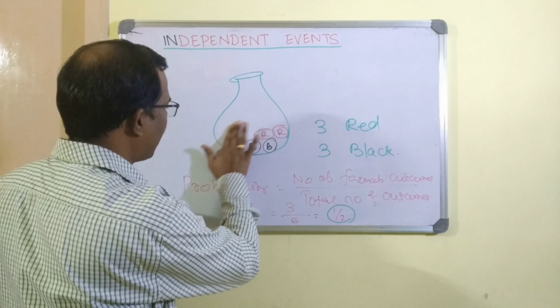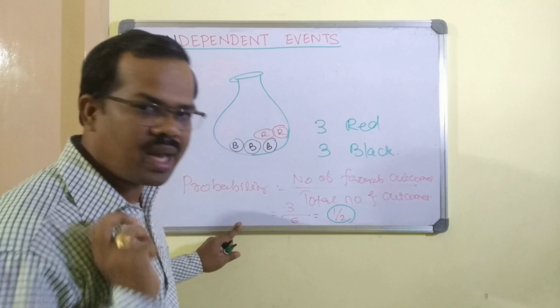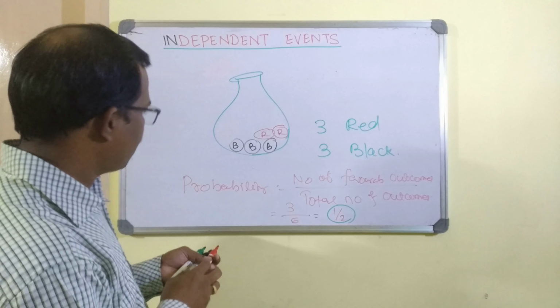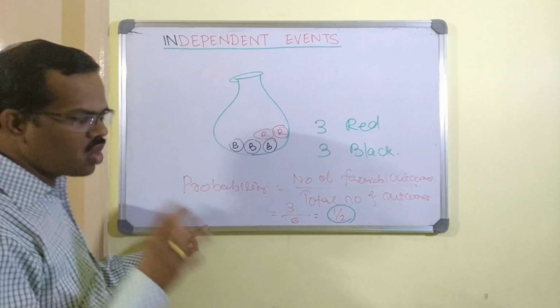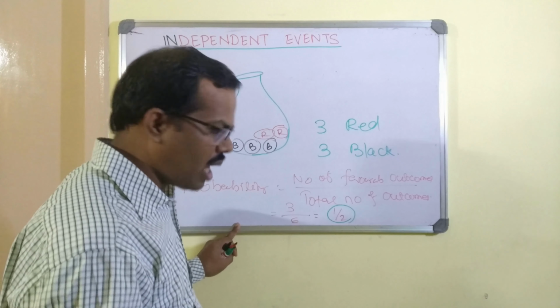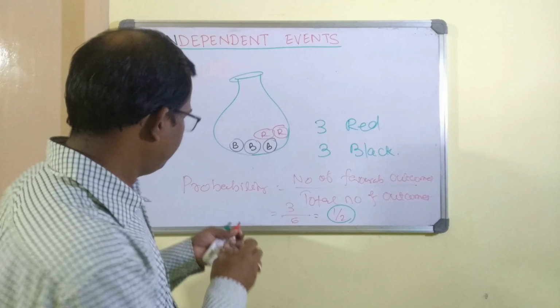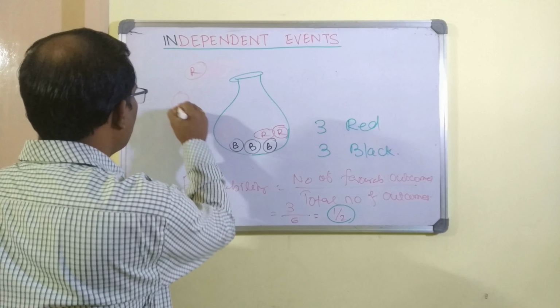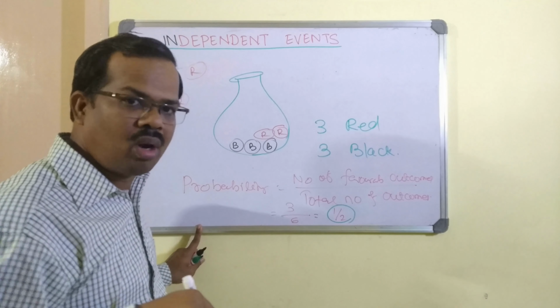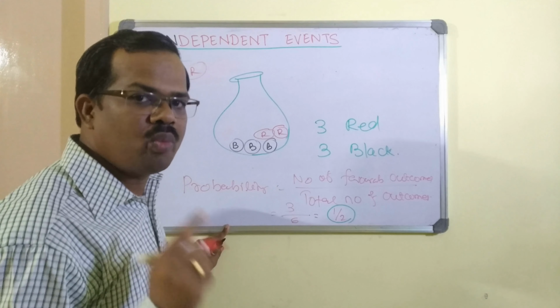So in the bag, I have only 5 balls. Now, if I am going to pick another ball out of the bag, what is the probability that it will become a red ball again? This time we have to think.